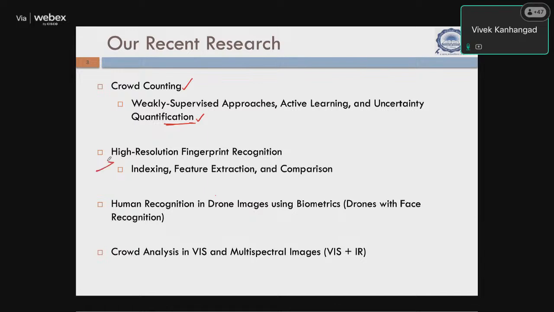And then of course, biometrics, something that I've been working on for several years now, maybe 15 or 20 years. Specifically, in the recent work, we focused on high resolution fingerprint recognition. If time permits, we'll talk about this, but once I give an overview, I'll focus more on the big fundamental concepts.